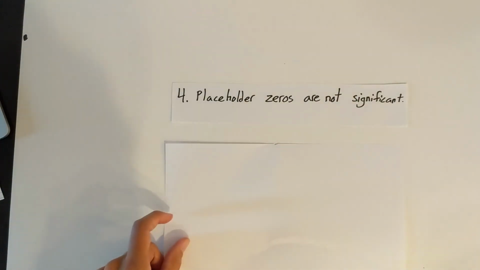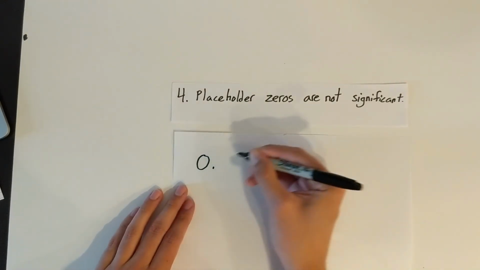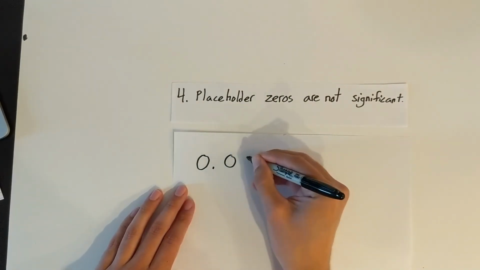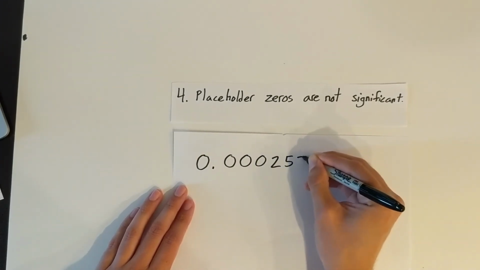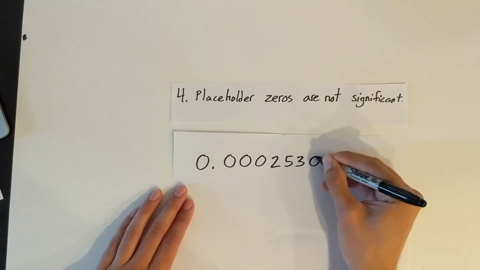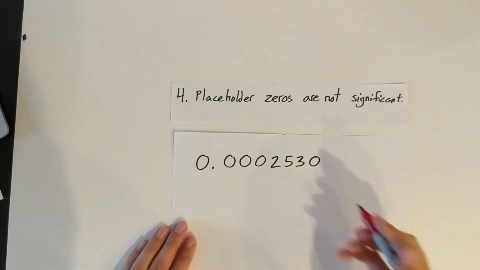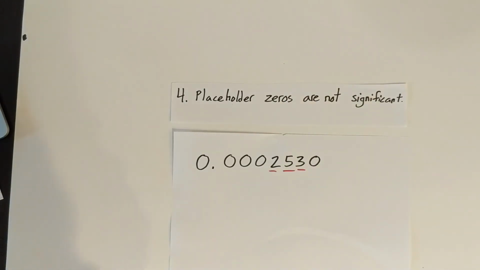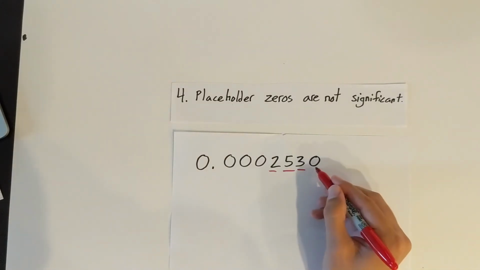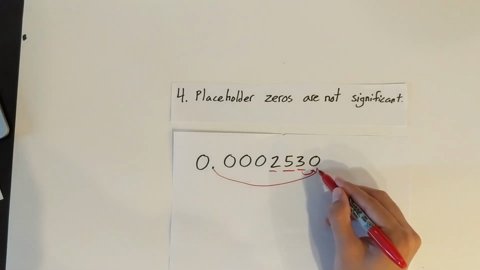I want to give you another example of placeholder zeros. So if I had a really small number like 0.00025330, and I wanted to know how many significant figures that was, I'd have these three. None from the sandwich rule. And then this 0 right here is significant because it's on the right side of both.